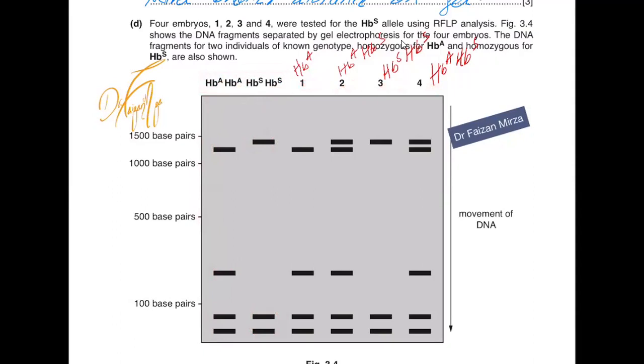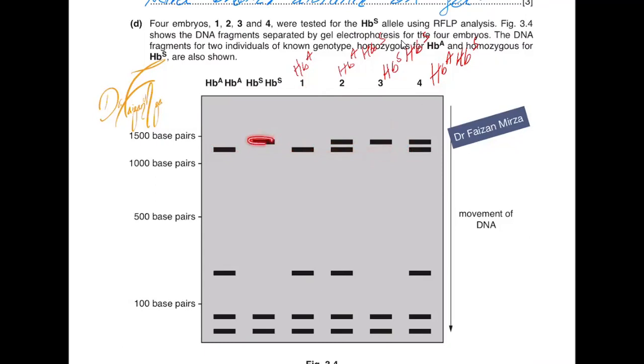So how will we compare which embryo has which band? If the band covers the same distance as covered by HBA, that means HBA was present. So you can see that HBA is present in 1, it is present in 2, it is present in 4. But the third embryo is lacking HBA because the band is just absent here. Now the same goes for HBS. HBS covered this much distance.